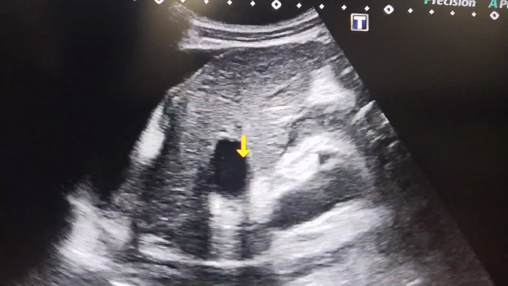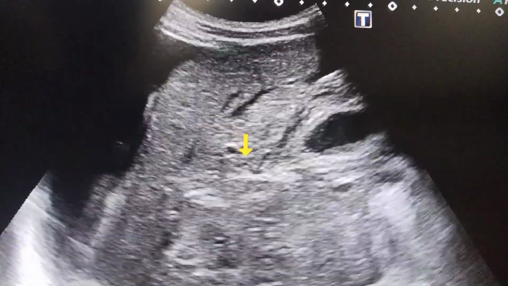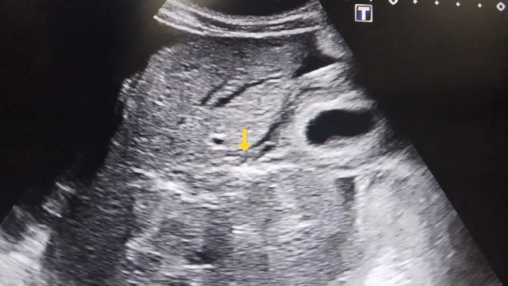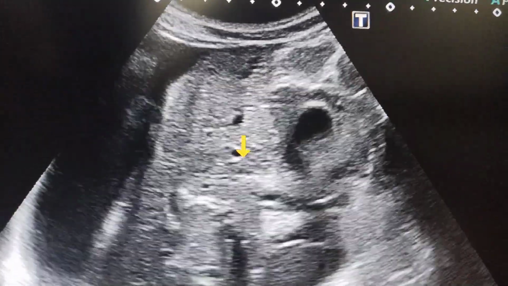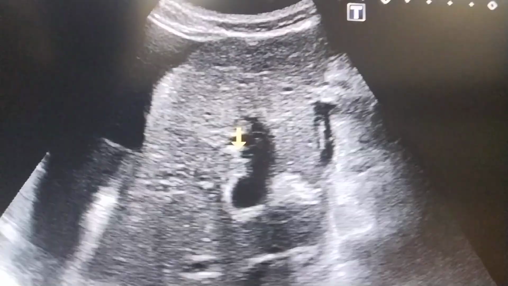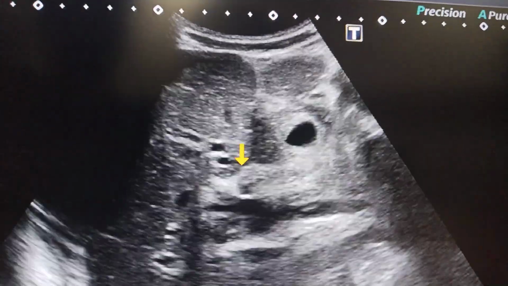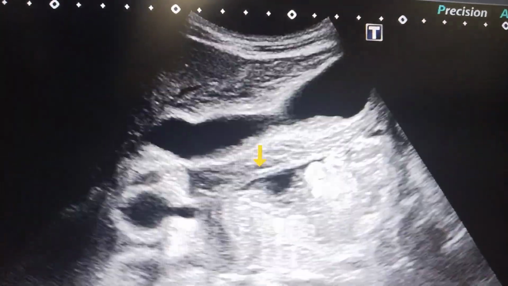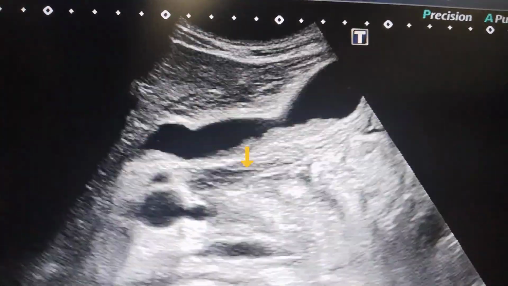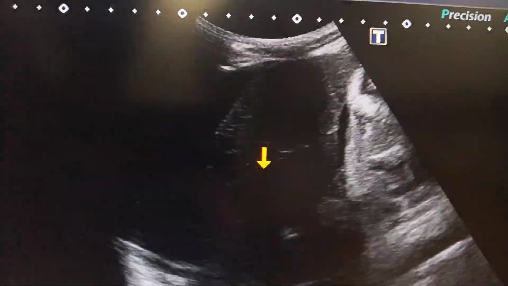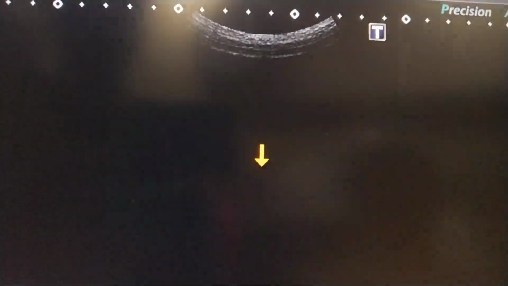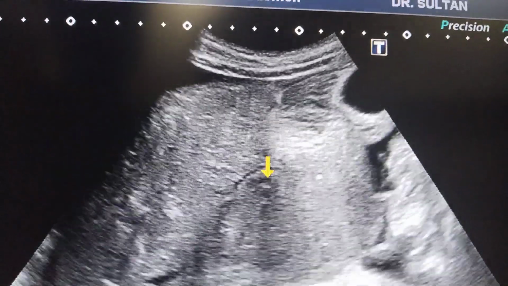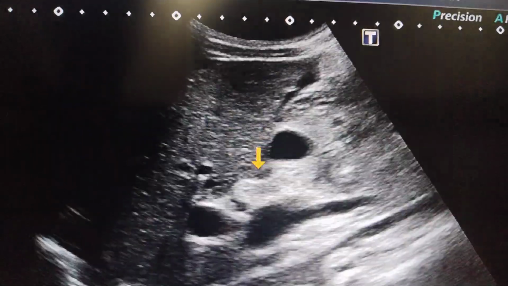So this patient is having, in detail, cirrhotic liver with signs of portal hypertension that is characterized by the coarse nodular liver with irregular surface margin, thick-walled gallbladder with pericholecystic edema, ascites, and splenomegaly with decreased forward flow of the portal vein.